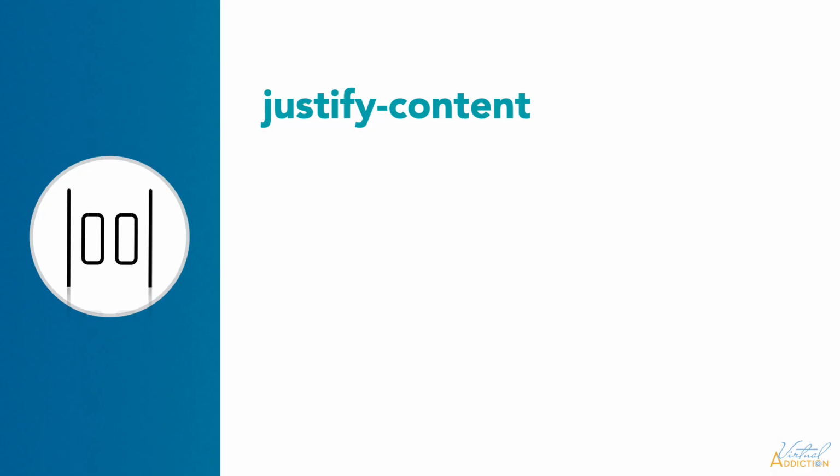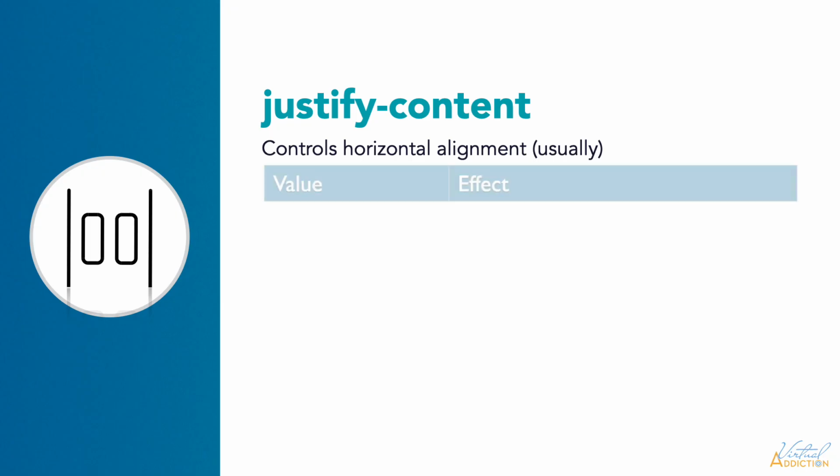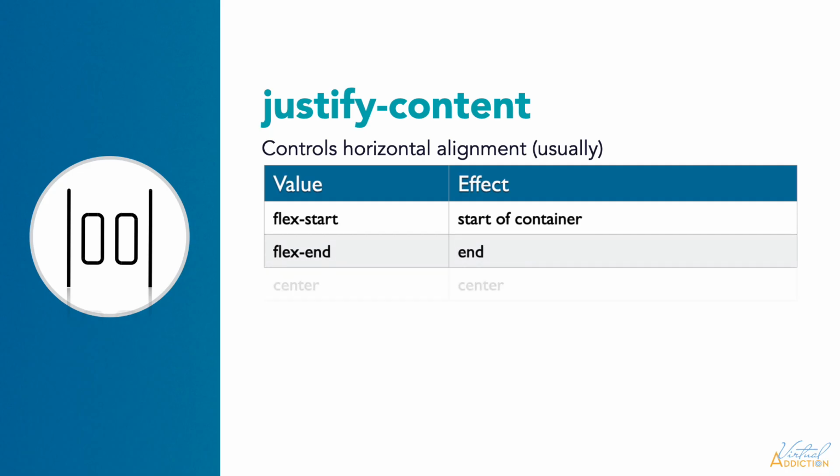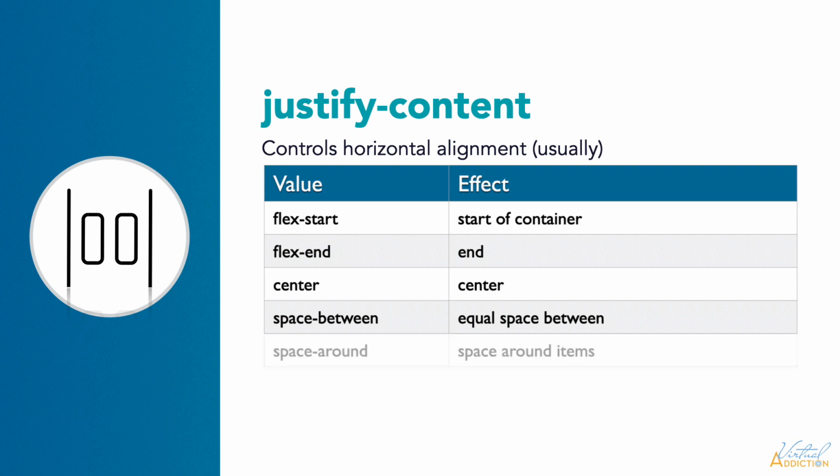The next property is justify content. This controls alignment along the main axis. Here I'm giving you the various options that we have for the value of justify content. If we use flex start, which is the default, that means that the elements start at the beginning of the container depending on the value of flex direction.